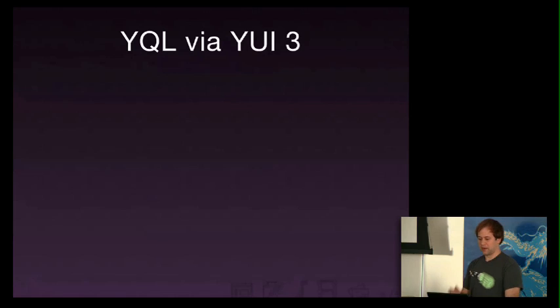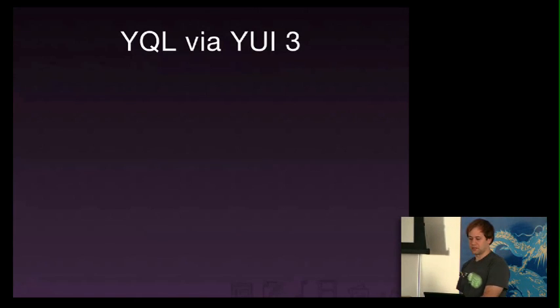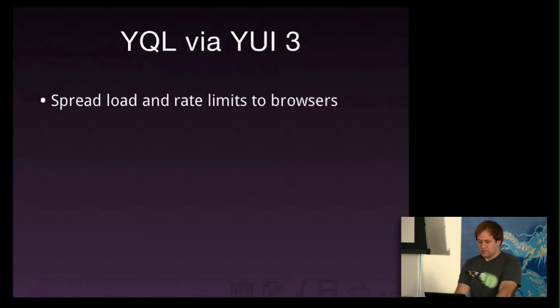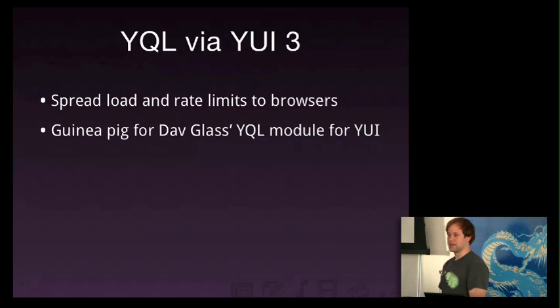And calling this from YUI 3, I don't know if people have seen, but in 3.2 there's a new YQL module, and it makes a really nice wrapper around calling into YQL. I was kind of Dave Glass's guinea pig on this.